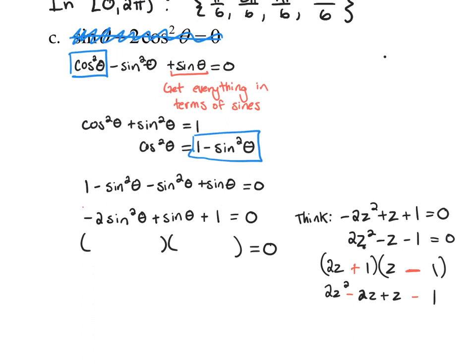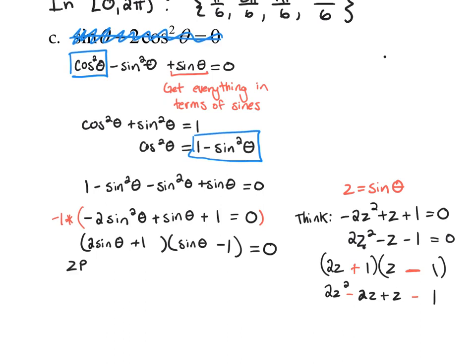So I am going to also multiply both sides by negative 1 to flip things around. So I have a positive leading coefficient, and then I'm going to have 2 sine of theta plus 1, and then sine of theta minus 1 equals 0. You're just thinking about z being the sine of theta, and you're factoring in terms of something you've seen before, but now we're doing it with trigonometry.